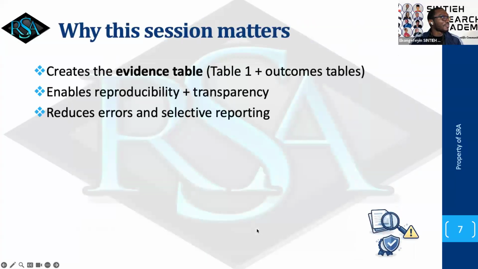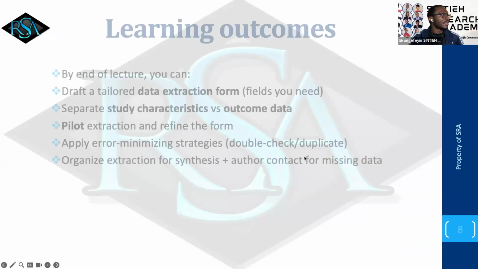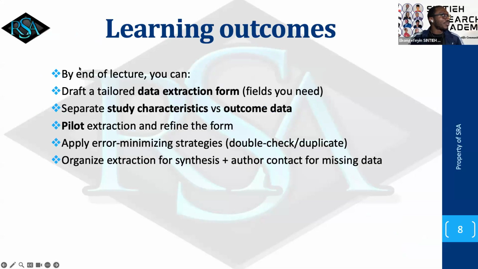And the most important thing is that what we are going to learn today helps you to build that Table 1 that I just showed you in my paper. It improves reproducibility and transparency, and it helps us to reduce errors.